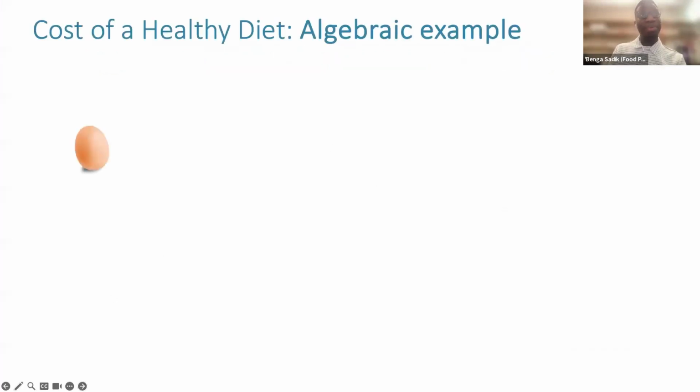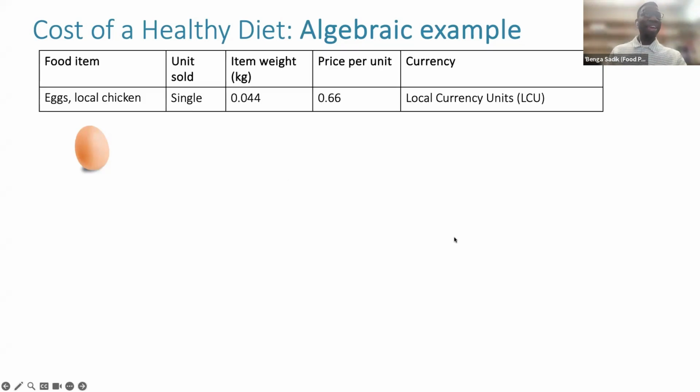So I will show an example with eggs, and I will just walk through how we calculate the cost of a healthy diet using one food item, eggs. Say you go to the market to buy one piece of egg, and this is very hypothetical data. It's not for a real country.